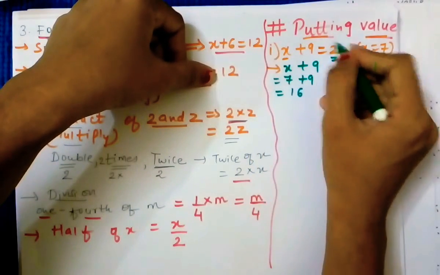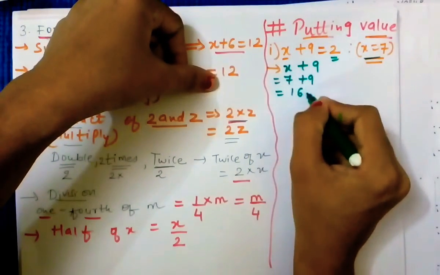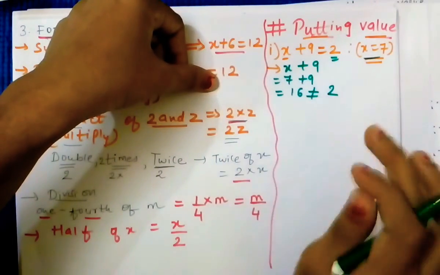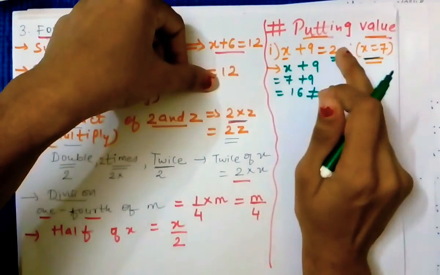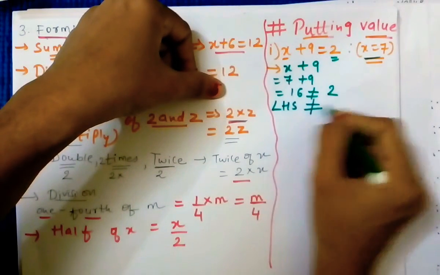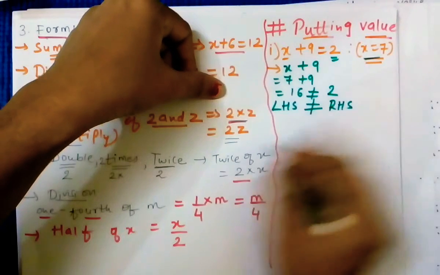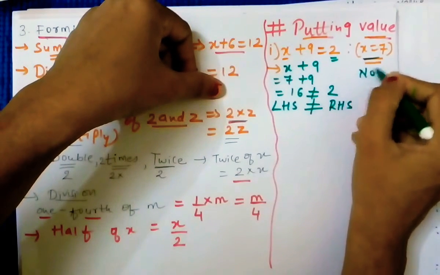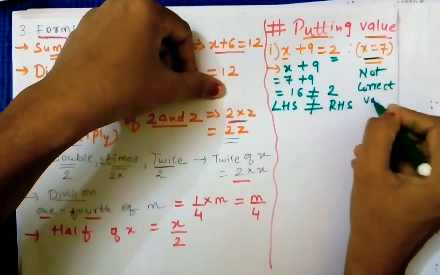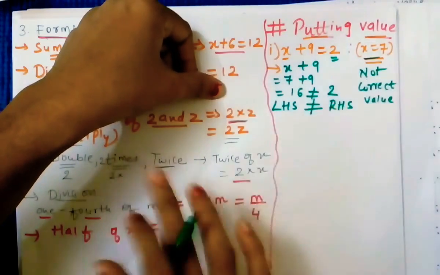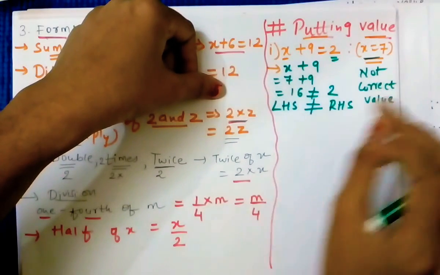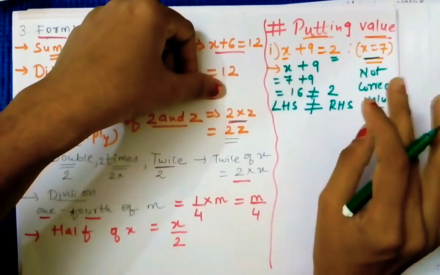So 16 is not equal to 2. The answer came 16 and the RHS part is 2. So we will write that LHS is not equal to RHS. So this is not the correct value of the variable. By putting this value, 2 should have come as the answer. 2 did not come, which means this is not the correct value.